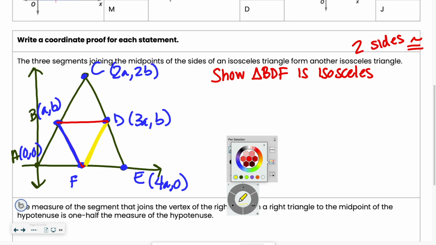So we want to show BF is congruent to FD. So that's the distance formula, okay, right? So you got to show that you get the same answer. Try it out, see how it goes.